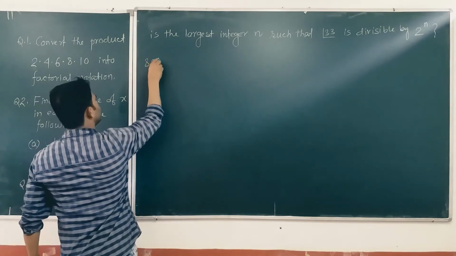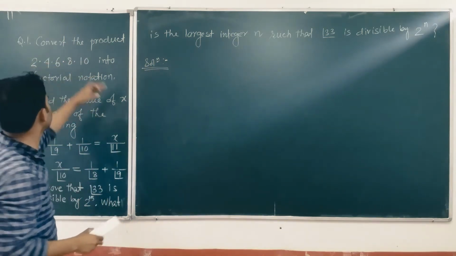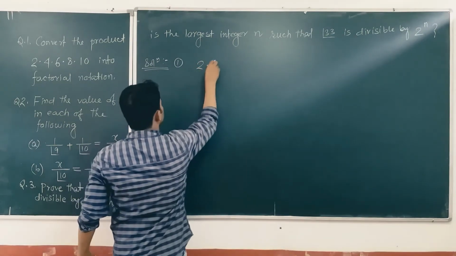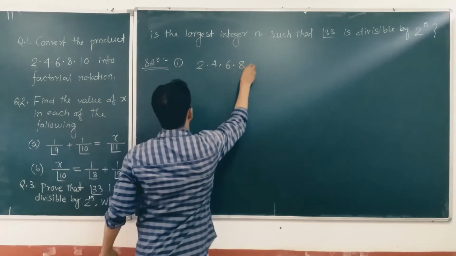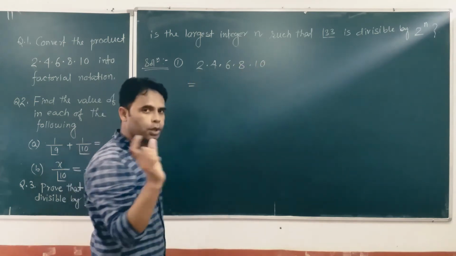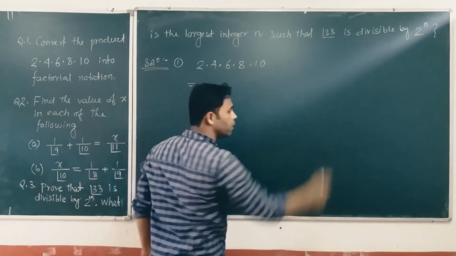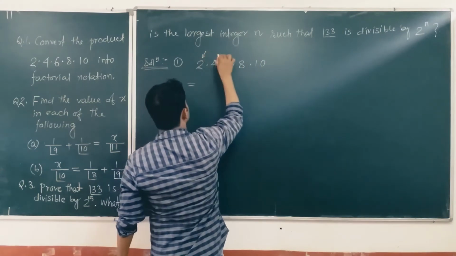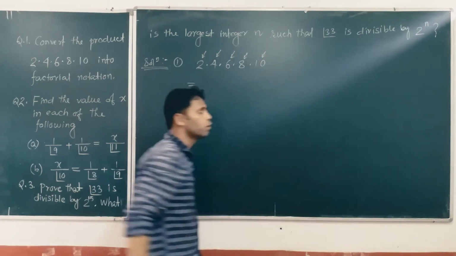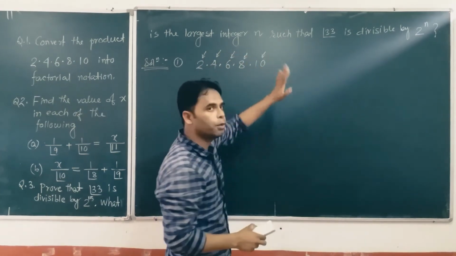Solution number 1: convert the product. First of all, you write the product 2 into 4 into 6 into 8 into 10. Very simple. 2 is actually 2 into 1, this is 2 into 2, 2 into 3, 2 into 4 and 2 into 5. From each one, one 2 will come. So how many 2s will be there? 1, 2, 3, 4, 5 2s will be there.